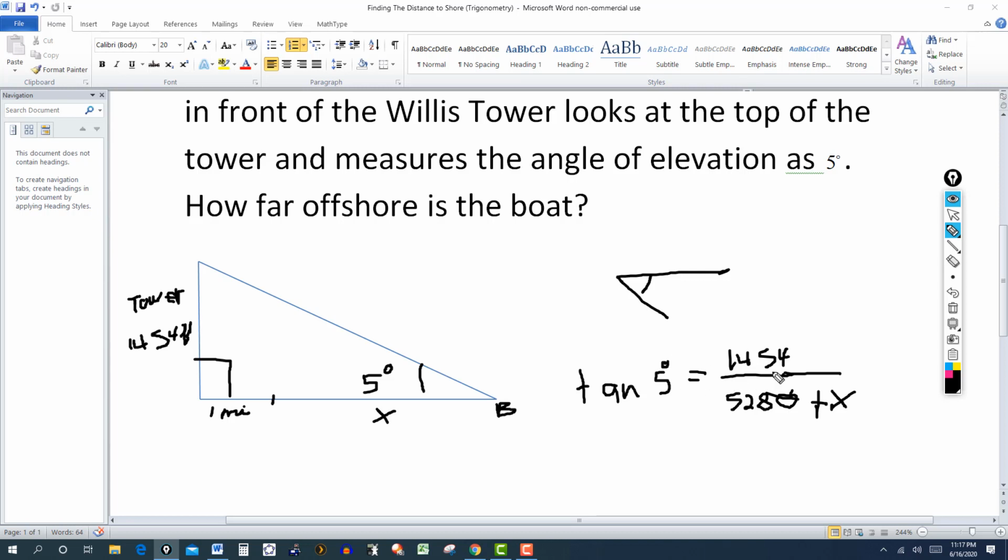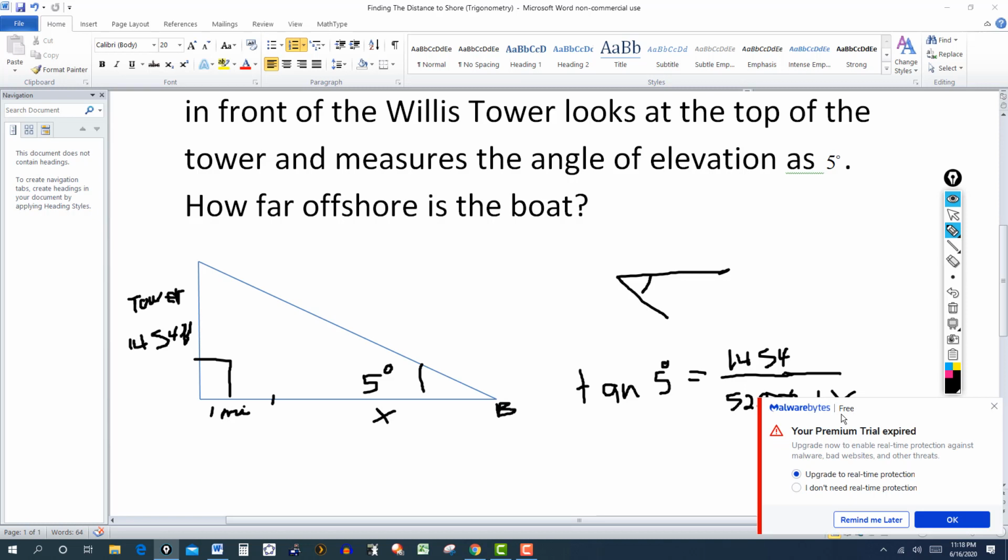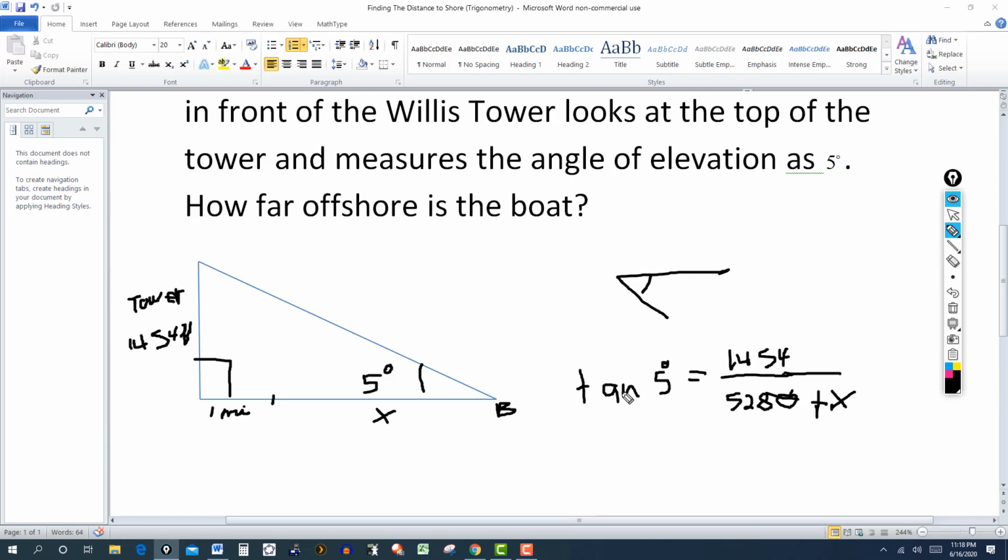To simplify this, I'm just going to multiply both sides by this denominator, and then divide by tangent of 5 degrees. So that'll be 5,280 plus x is equal to, so I'm multiplying both sides by 5,280 plus x, and at the same time dividing by tangent of 5 degrees.